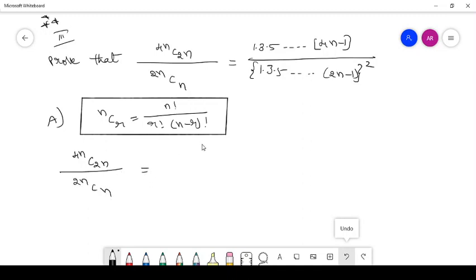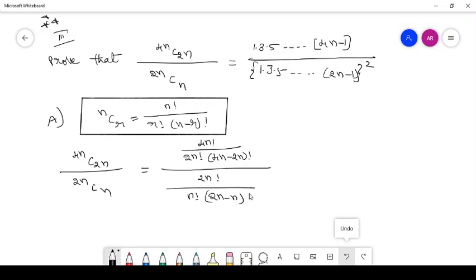By using this result, this can be written as 4n factorial by 2n factorial into 4n minus 2n factorial, by 2nCn, that is 2n factorial by n factorial into 2n minus n factorial.